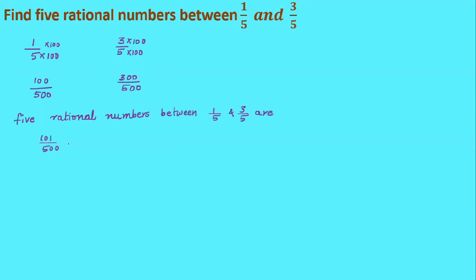They are 101 by 500, 107 by 500. You can write any number between 100 and 300. 200 by 500, 220 by 500, 249 by 500. You can write any number.